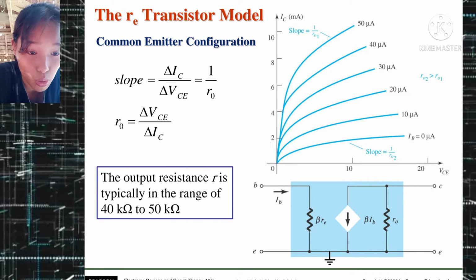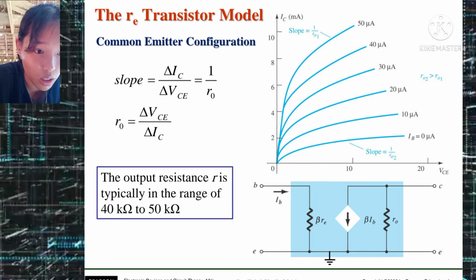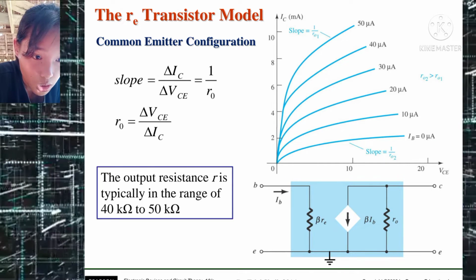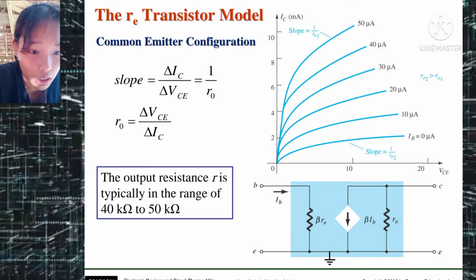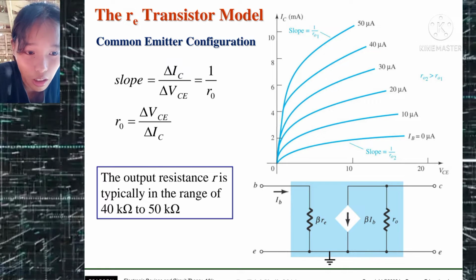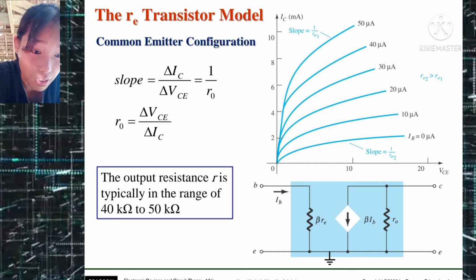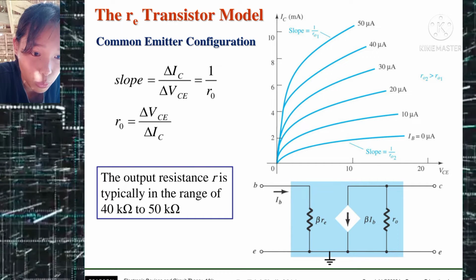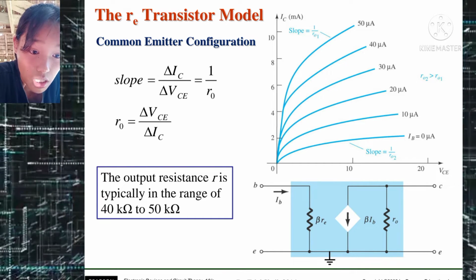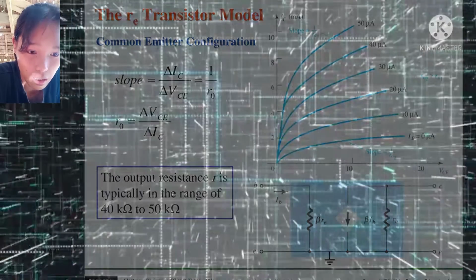For situations where the early voltage is not available, the output impedance can be found from the characteristics we used earlier, using the slope formula. So we derive from there until we get the equation change in VCE over change in IC.